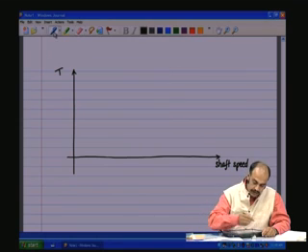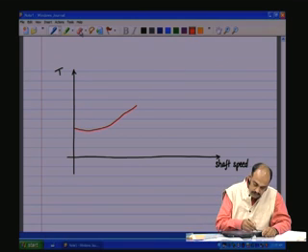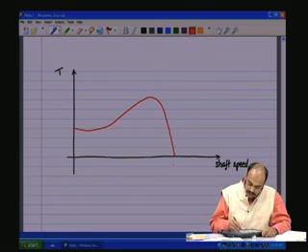Let me first draw the characteristic curve. So we have something, okay, so this is the torque speed curve where this point is ns.